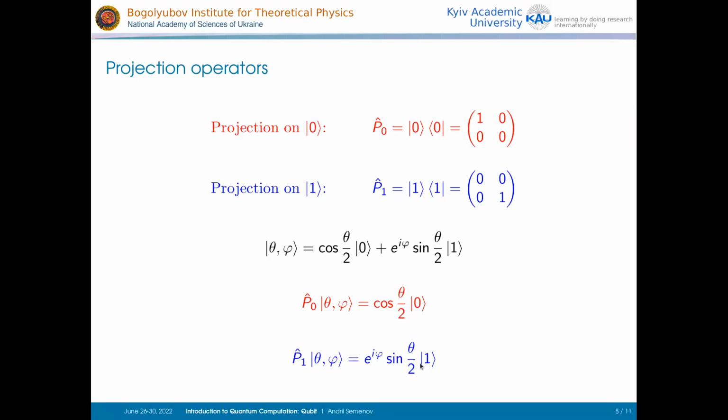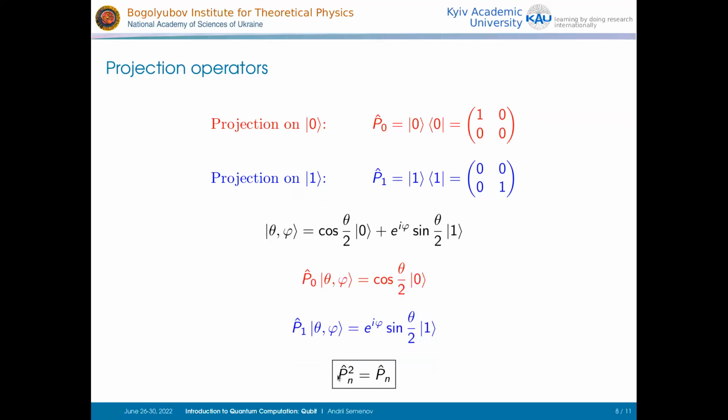Either this or this. When you make some procedure, which we will call quantum state reduction or measurement, you in principle have a possibility to realize such an operation, but you do not know your result, because you will get either this or this. Another important thing about the projection operator is that the square of a projection operator is again a projection operator. This is an important thing.